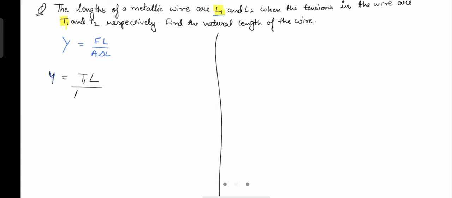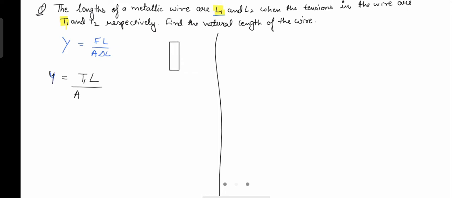Then the area. And now, what should be the value for this L1? Let's say you have an original length, or let's say this is the wire, and now you are applying tension in it. If you are applying the tension, what will happen? The length of this wire will be increased.